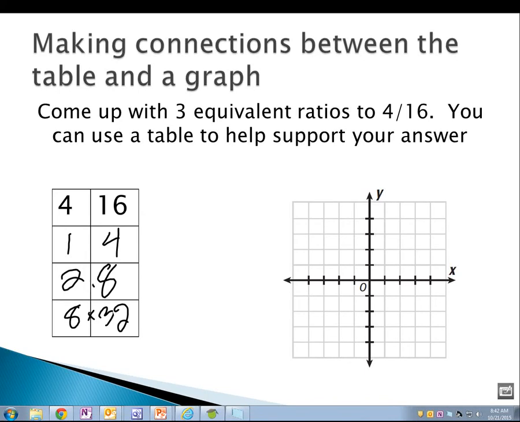Now let's graph these. We'll just have this be x, and this will be y. I'm going to number my y's by 2: 2, 4, 6, 8, -2, -4, -6, -8.